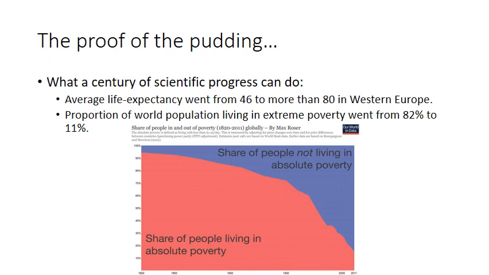Also, the proportion of the world population living in extreme poverty went from 82% in the year 1900 or thereabout, to still about 40-something in the 1980s, to less than 11% today. Now, all of this is the result of scientific progress. Scientific progress in the medical sciences leading to higher life expectancy, scientific innovations creating more wealth leading also to higher life expectancy, and lifting people out of extreme poverty.